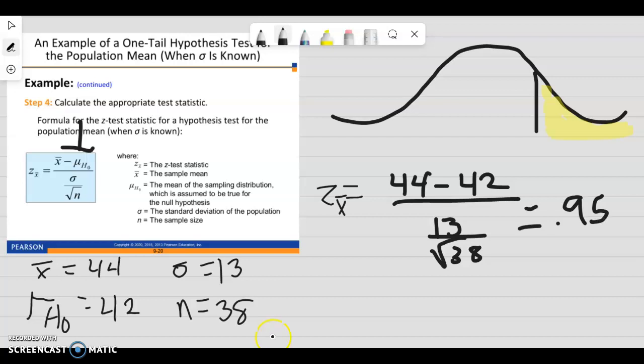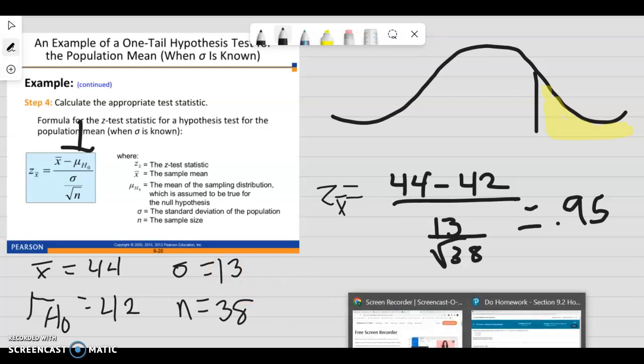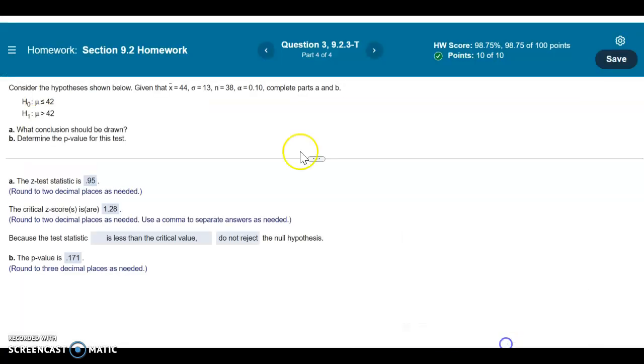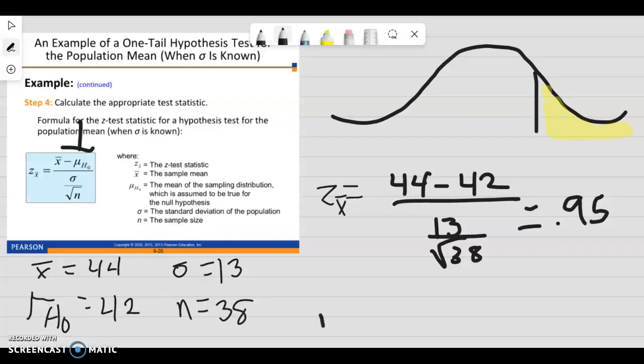Now, the next thing we have to do is get our critical score. So to get our critical score, we need to go look it up. Actually, I'm going to show you how to get it. So alpha is 0.10, and it's a one-tailed test.